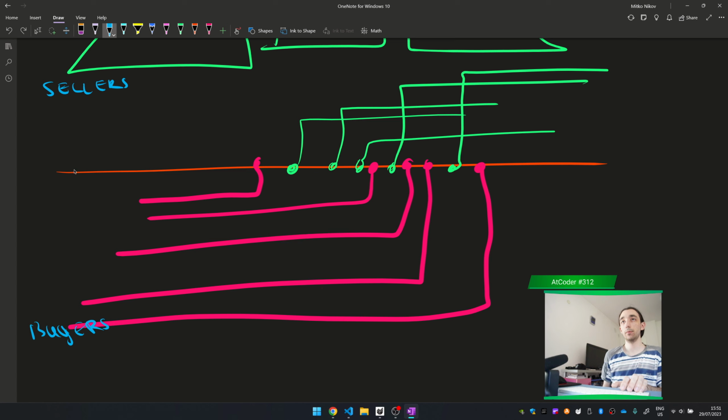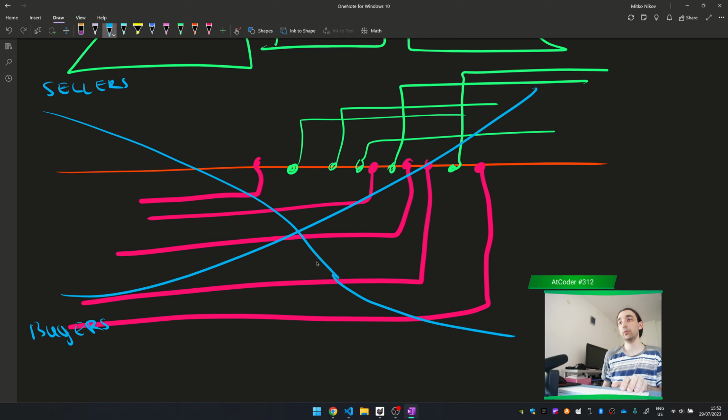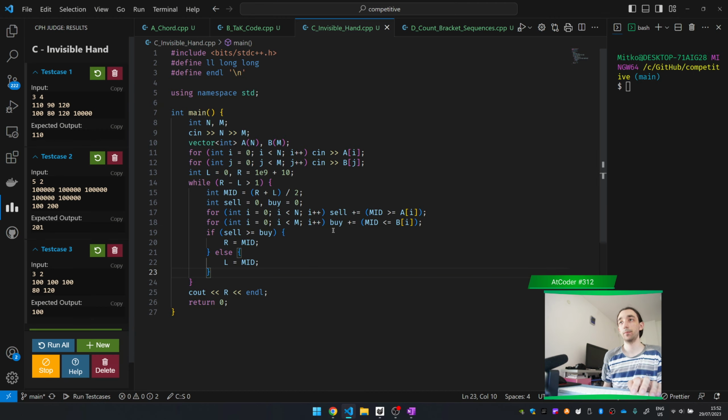So the buyer essentially falls down, and then the seller rises up. We want to find the point where the sellers overtake the buyers, where there are more sellers than buyers. And what you can do is binary search for the point where that happens.